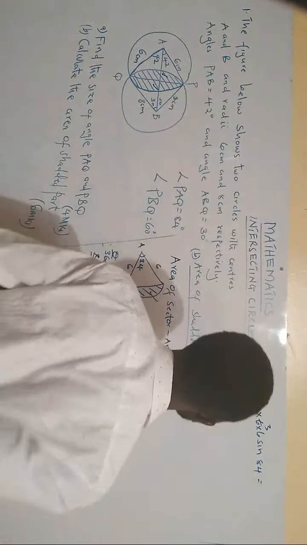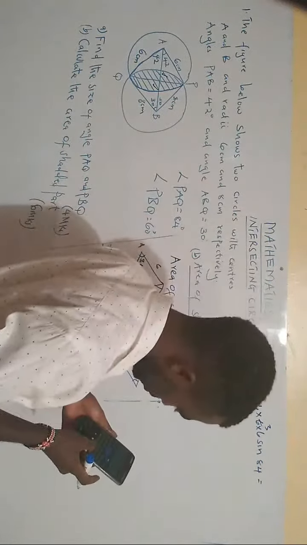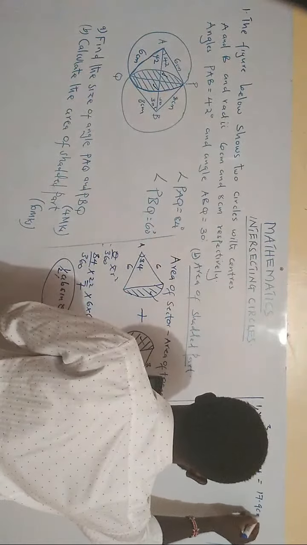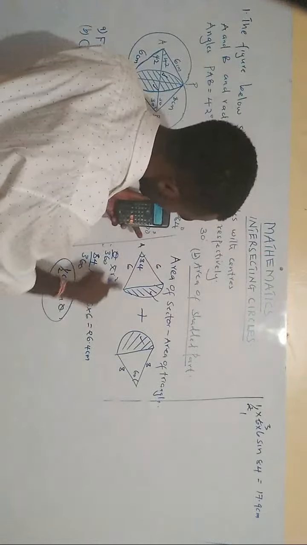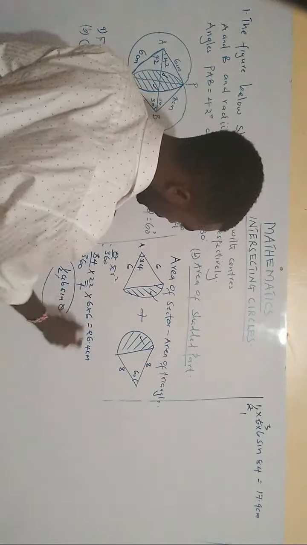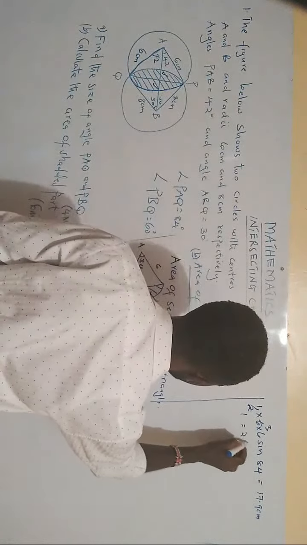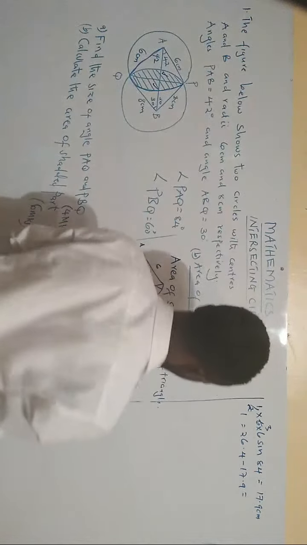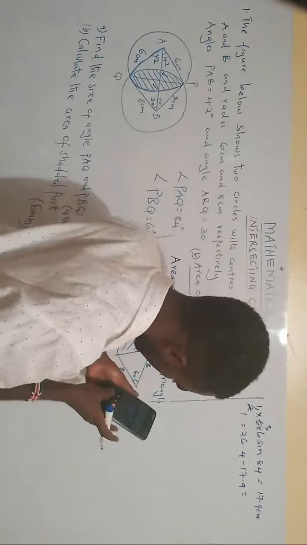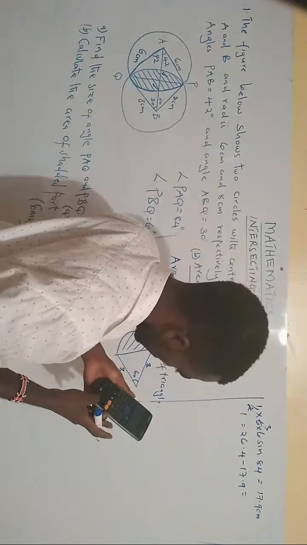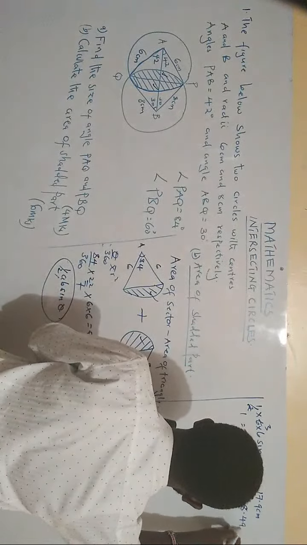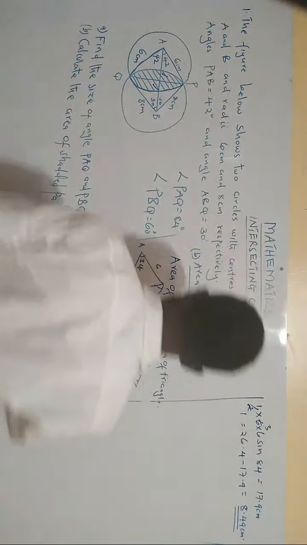That is 18 multiplied by sin 84, and you get 17.9. To get the area of this segment, it is the area of the whole sector minus the area of the triangle: 26.4 minus 17.9, the answer being 8.49 centimeters squared. So that is the area of this segment.